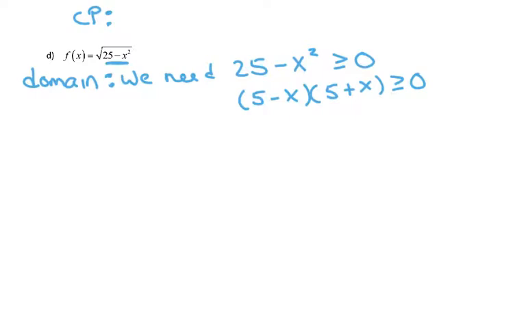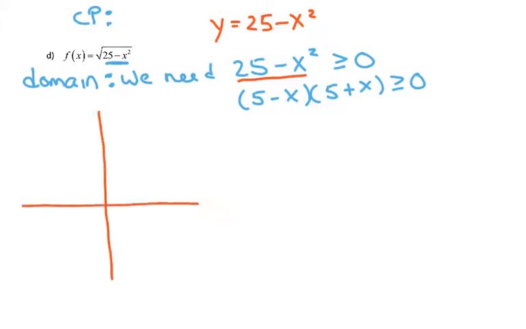Now, there are other ways to tackle this problem. If you write this as an equation, when will this be greater than or equal to 0? Well, what is this? That is a parabola that has been flipped, rotated around the x-axis, and shifted up 25 units.